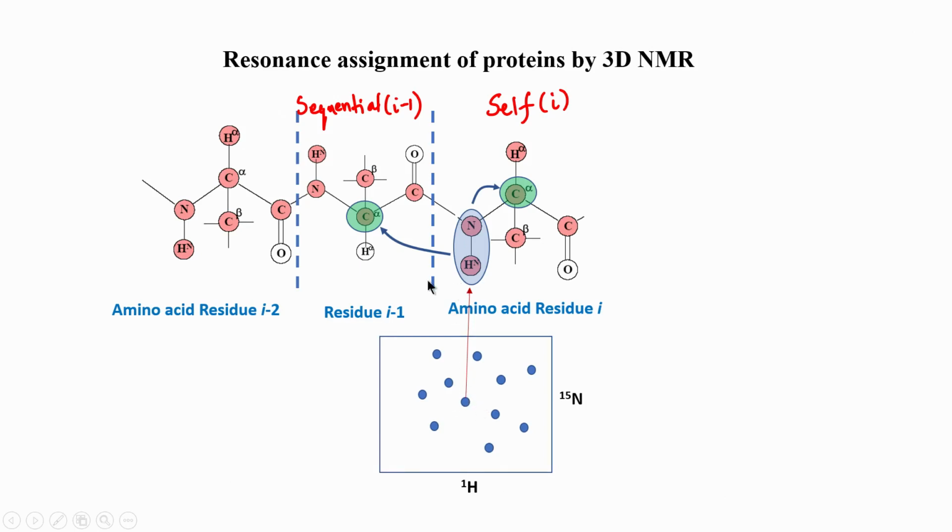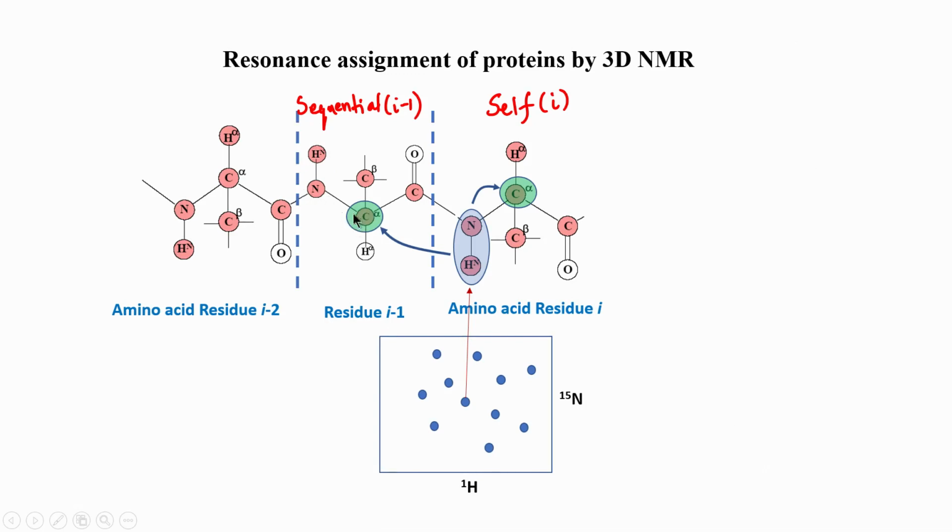Now, if I go here, which of these peaks corresponds to this? How will I know that? That peak, whichever it is, will give me correlations to this C alpha.